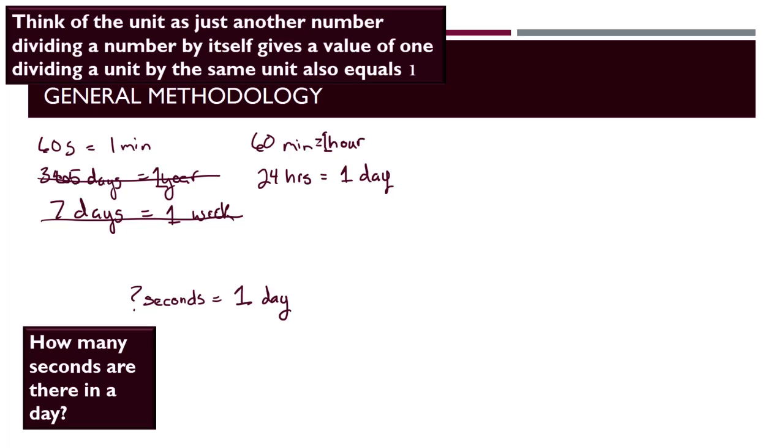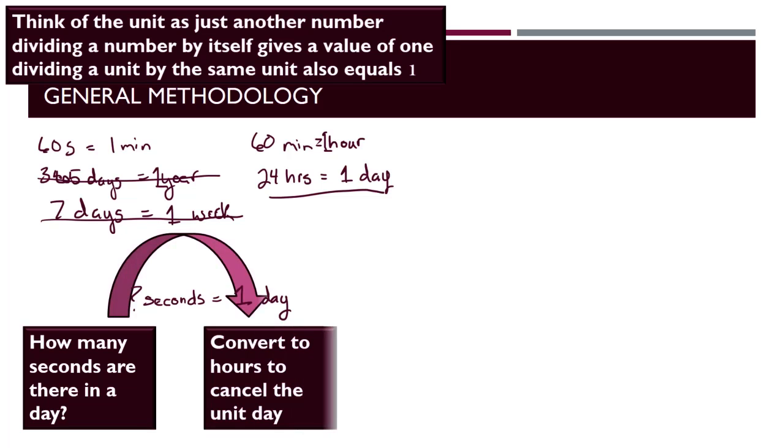However, some of these other units do convert days into smaller chunks of time. In fact, this one here converts days into the smaller chunk of time of hours. So I can convert to hours to cancel the unit day using this particular equality.